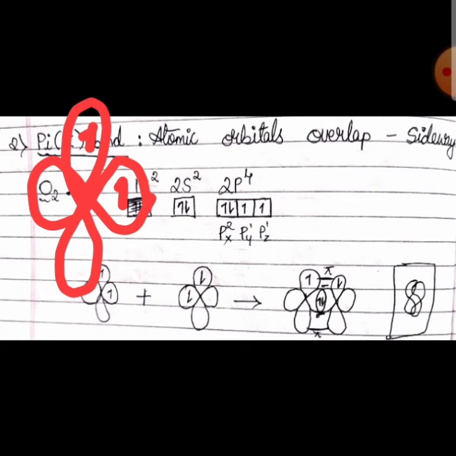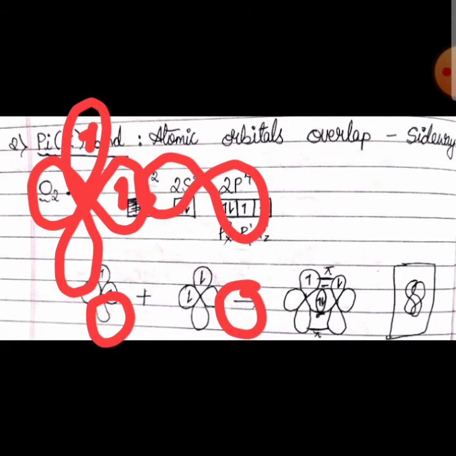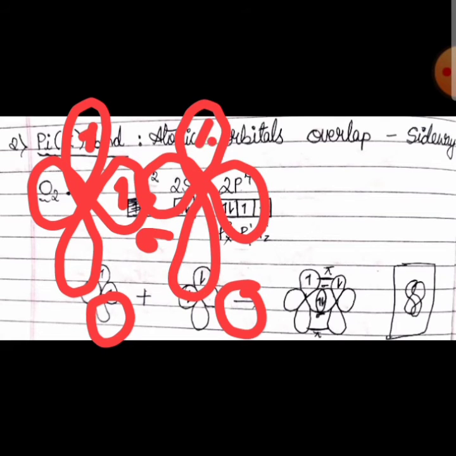Now, from another oxygen atom, one of the p orbitals having an unpaired electron overlaps axially to form one sigma bond, and another p orbital overlaps sideways to form one pi bond.